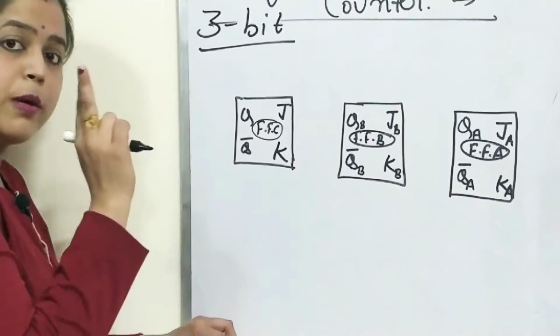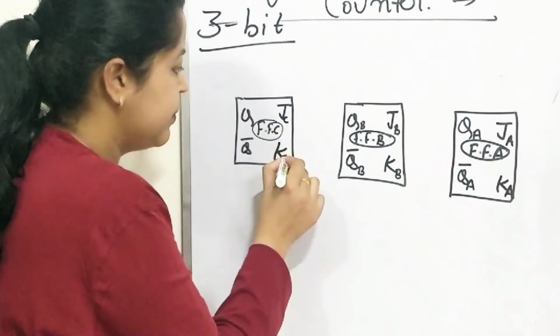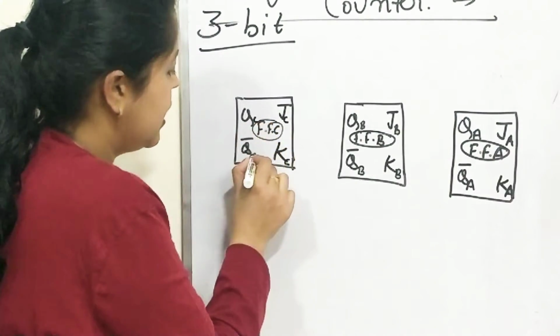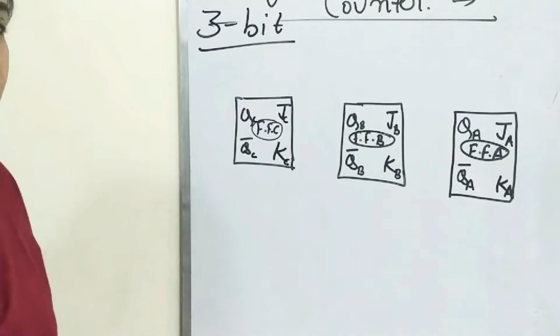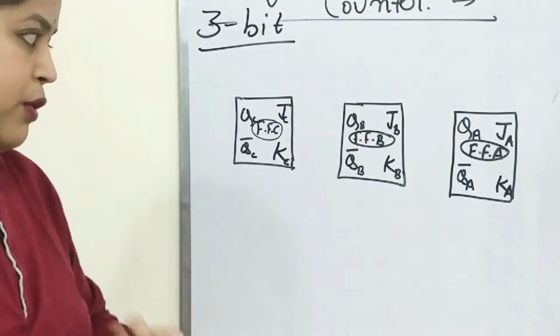And what about flip-flop C? JC, KC, QC and QC bar. Fine. Here I am taking 3 flip-flops.